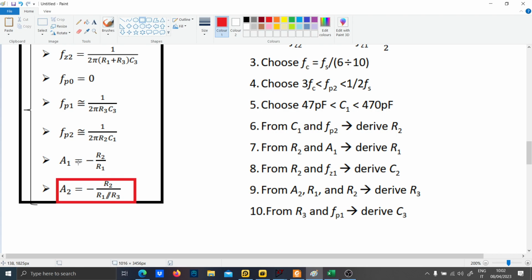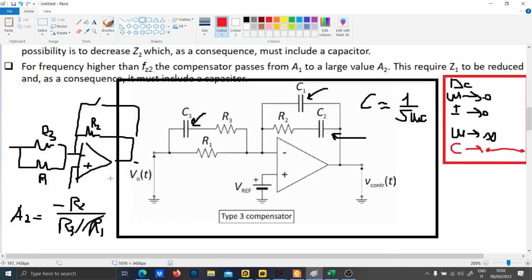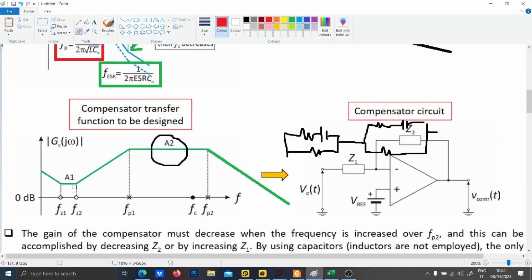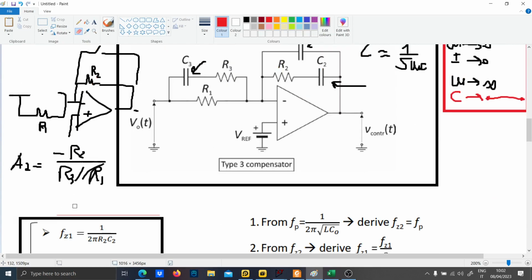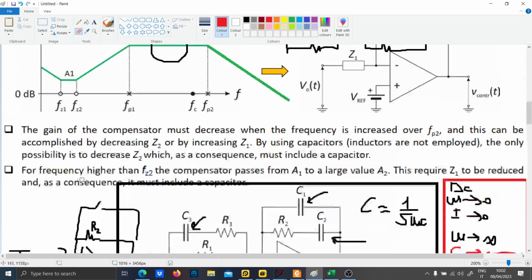You can do the same for the gain A1, because the capacitor C3 will practically be an open, so R3 will not be considered, and you see that the gain A1 is R2 over R1. And it has to be lower since A2 has the parallel in the denominator.